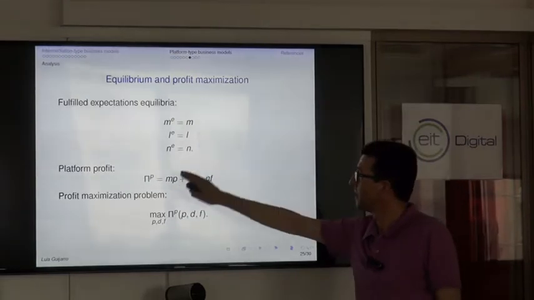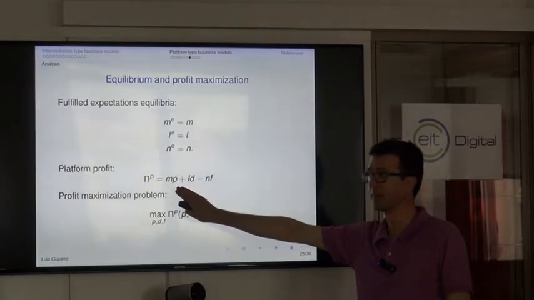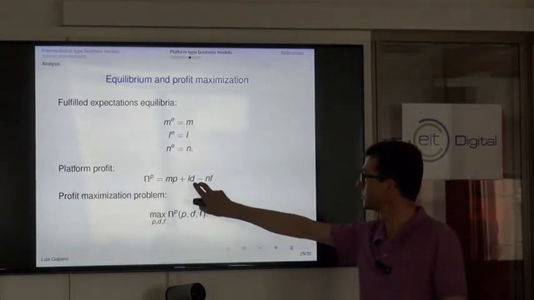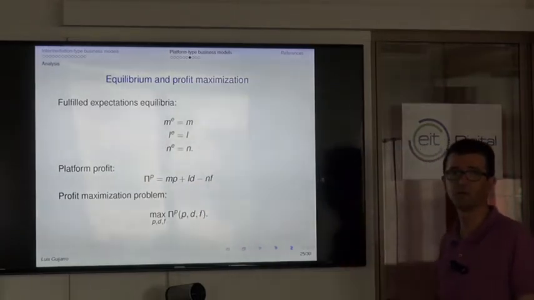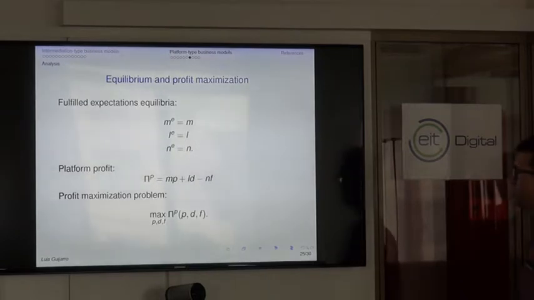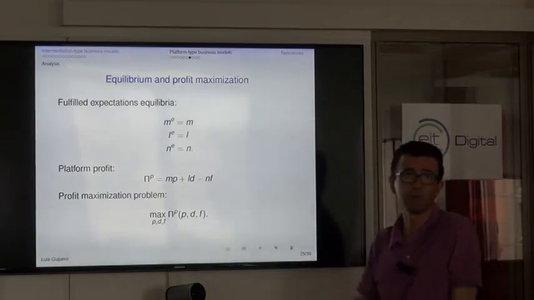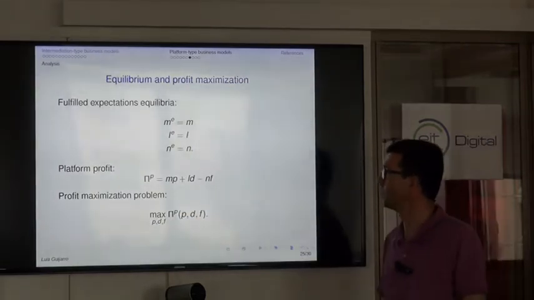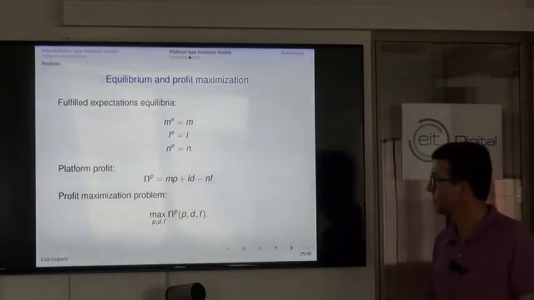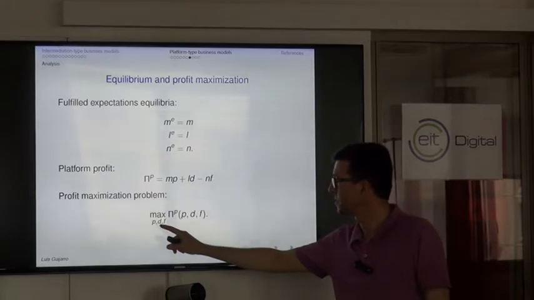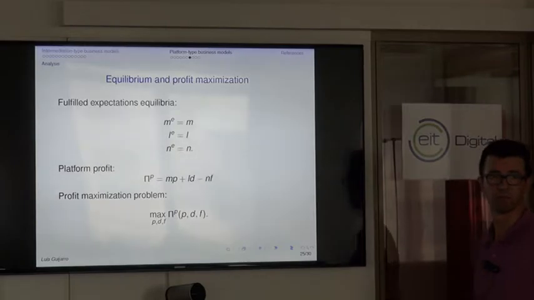Okay? The platform profit will be given by this expression: the revenue from the users plus the revenue from the developers minus the cost incurred in paying the sensor networks. And if we assume that there is only one platform, so we have a monopoly, we can compute which fees P, D, and F will maximize this expression.